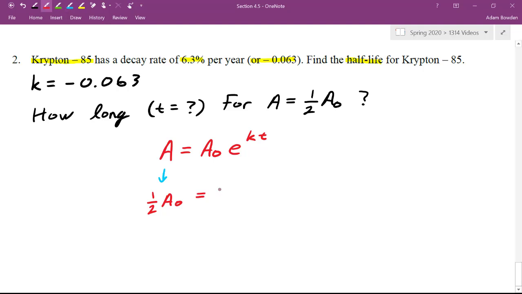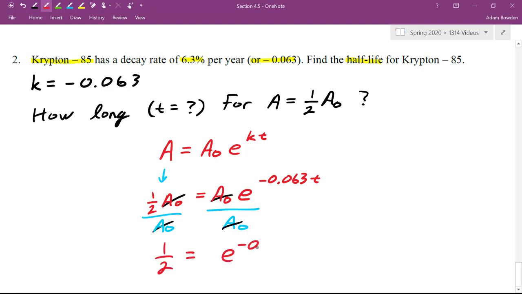We also know that the value of k for the decay rate is negative 0.063. So I'll go ahead and put that there. Now I can divide out the A naught from everything. That'll allow me to get rid of it. So we're going to have 1/2 equals e to the negative 0.063t.